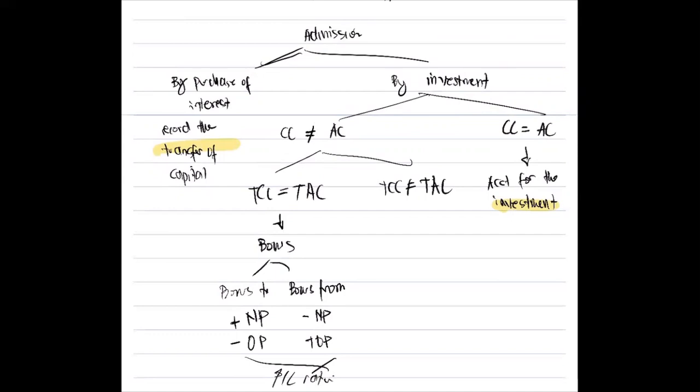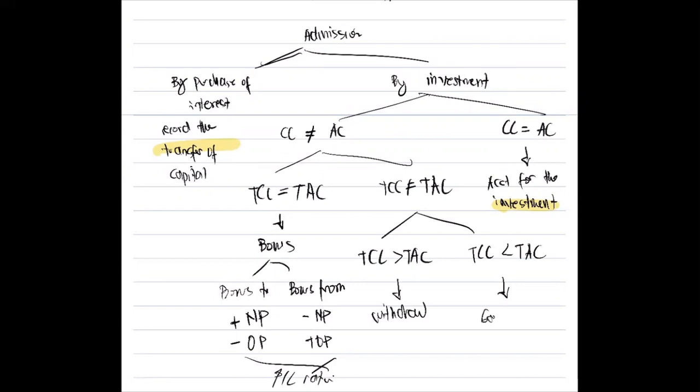Now, if that is a total contributed capital is not equal to your total agreed capital, we look whether your total contributed capital is greater than your total agreed capital, or total contributed capital is lesser than your total agreed capital. If this is greater, you need to withdraw. If this is lesser, how do we account for it?